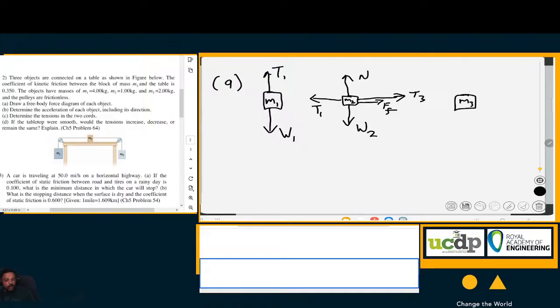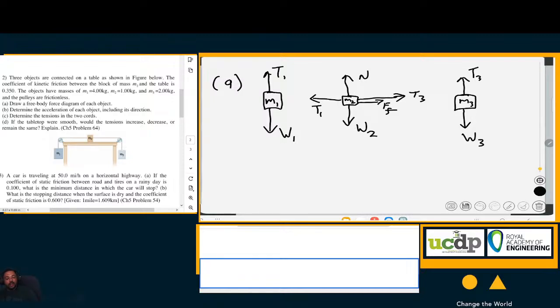Now for M3, that's just the tension in block M3 and we have the weight of M3, so W3.